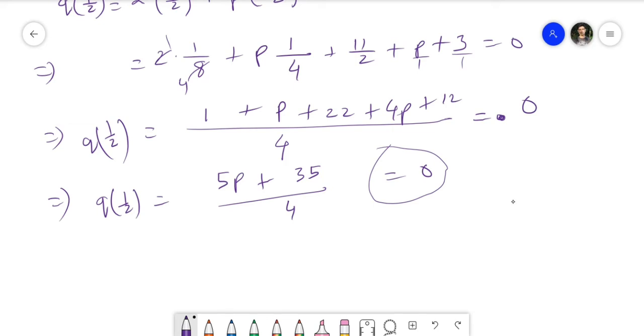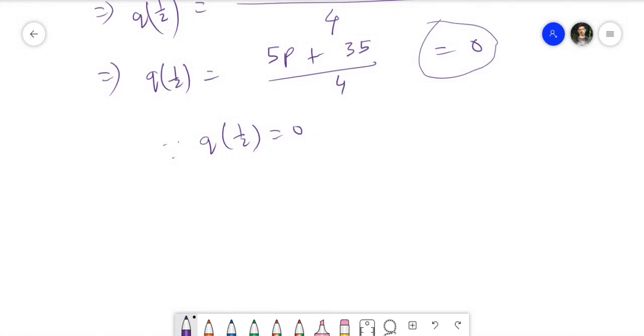Then since q of 1 by 2 is equal to 0, you will put the value of this. Same thing, if you don't write this equal to 0, then you can do the same thing. 5p plus 35 by 4 equal to 0. So we'll write 5p plus 35, 0 into 4, cross multiply, you will get 0.